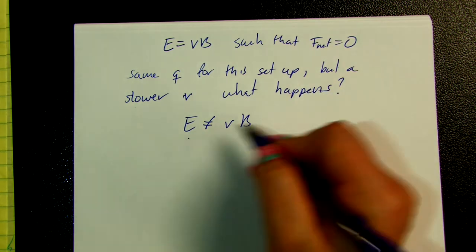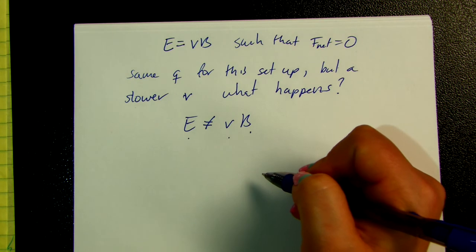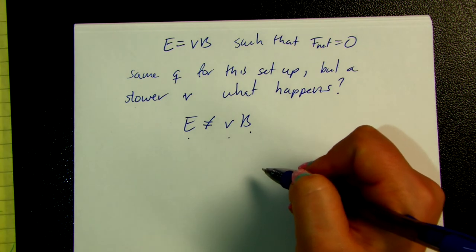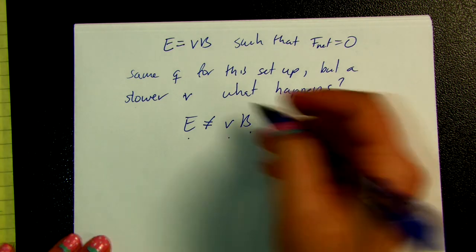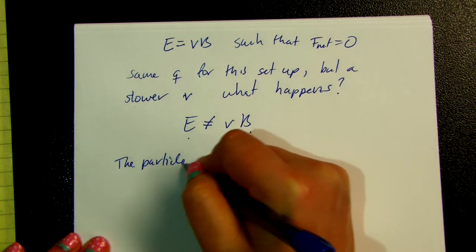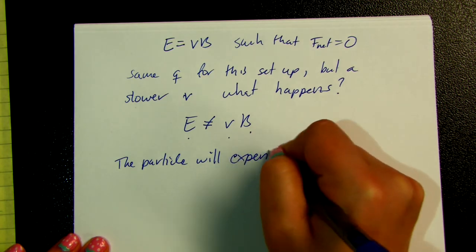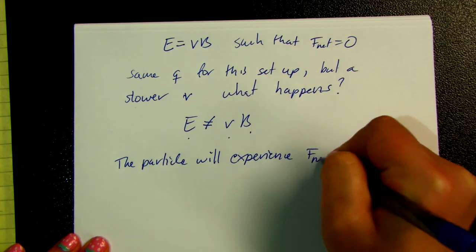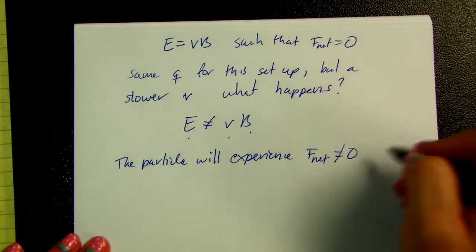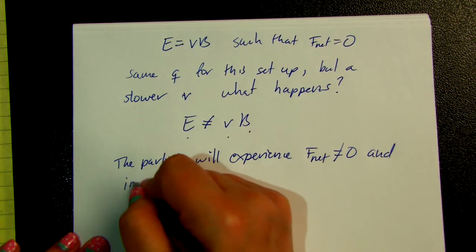So E has stayed the same, B has stayed the same, V is now smaller. So in this case, the particle will not move in a straight line. The particle will experience a net force of non-zero and interaction occurs.